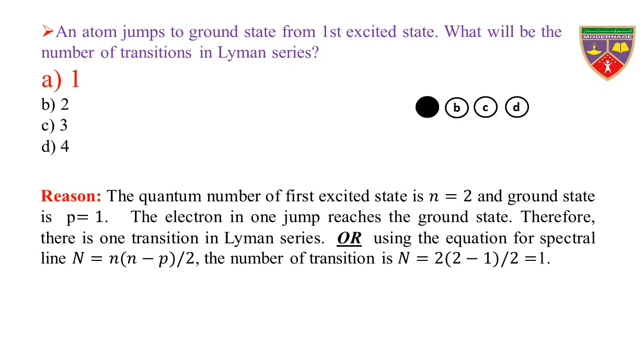Using the equation for spectral lines, the number of transitions is n into n minus p divided by 2, which is equal to 2 into 2 minus 1 divided by 2, which is equal to 1, where n is the quantum number of higher orbits and p is the quantum number of lower orbits. Hence, the number of transitions in the Lyman series is 1.